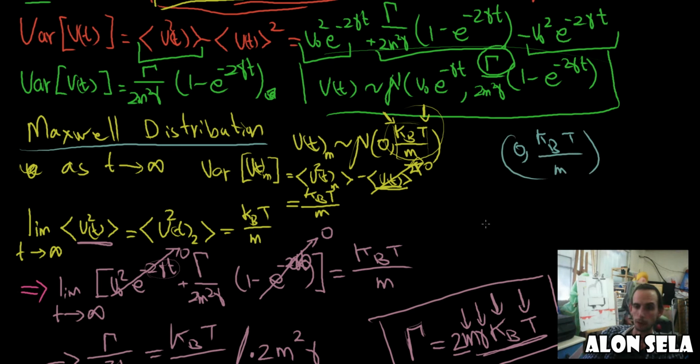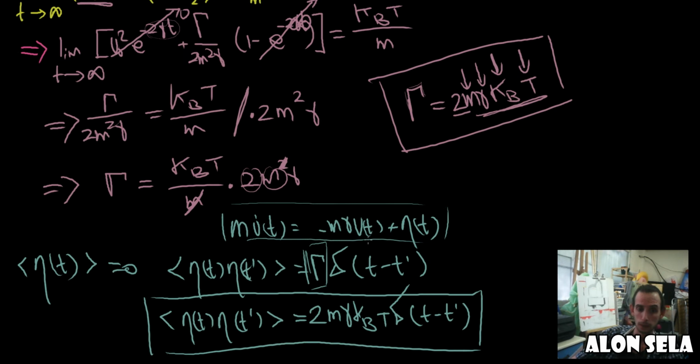So if we want our particle, whose velocity is driven by the Langevin stochastic differential equation, to be equivalent, we must demand that Gamma, a large Gamma, be equal to 2m gamma k Boltzmann T, and this will bring us to the fact that the autocorrelation function for this, which represents the Gaussian white noise, must be of this form.